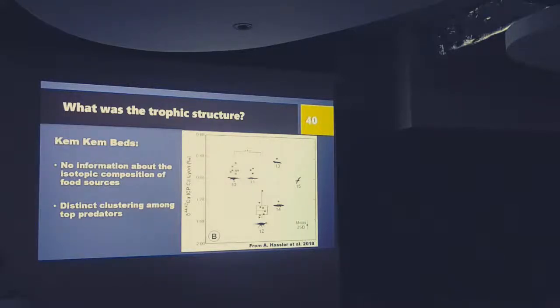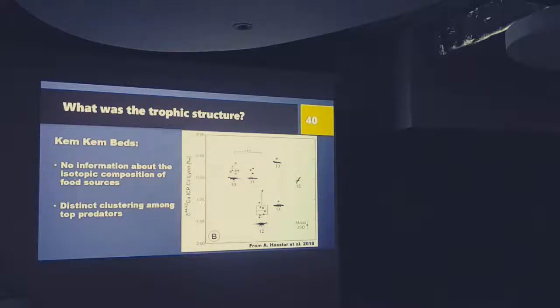If we look at the Chemini bed fauna, unfortunately we had fewer fossils to study, but we still observe similar features, with distinct positions between non-spinosaurid theropods and spinosaurids. And here crocodiles have a similar signature to non-spinosaurid theropods.